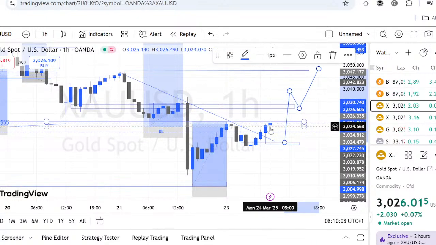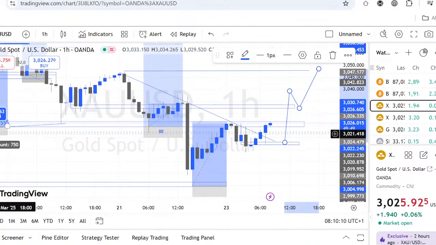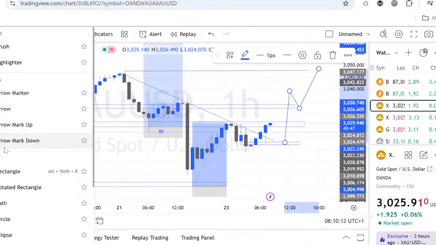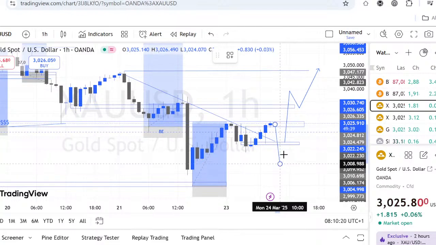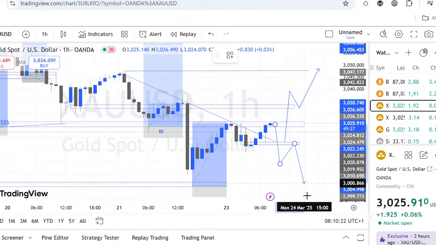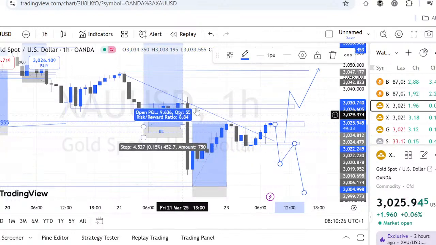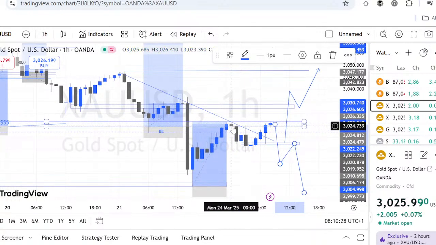Except if gold doesn't break out this, then that's when we're gonna have something like this. That's when we're gonna have it coming back here, and then breaking out this, and then coming back like this, and then shooting down like this. That's because this is a double top here.